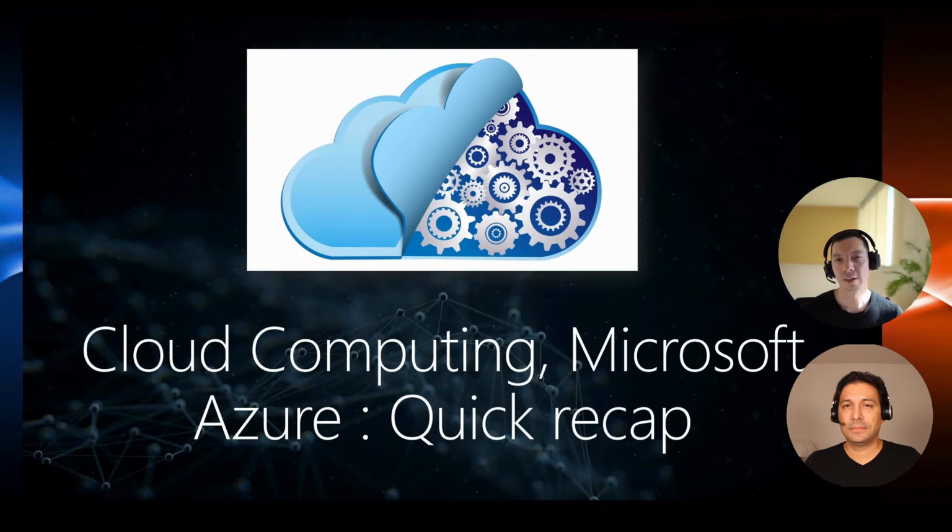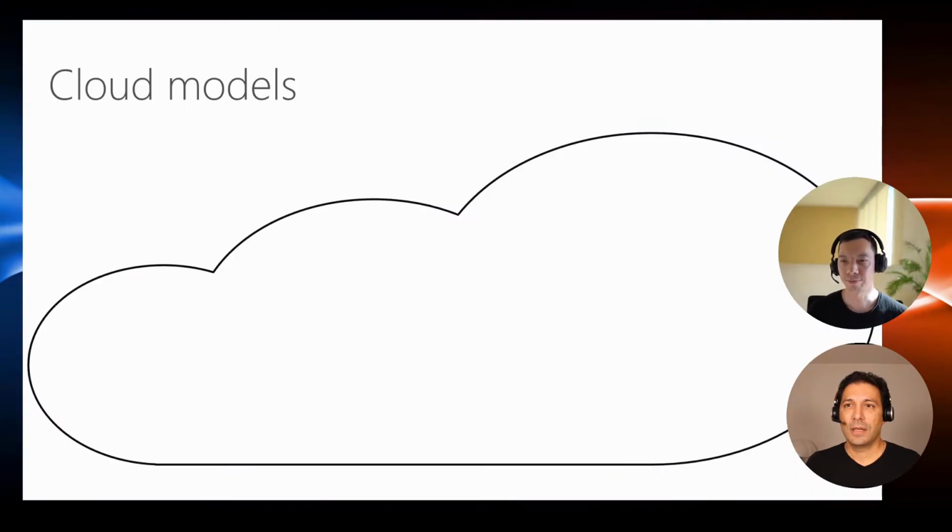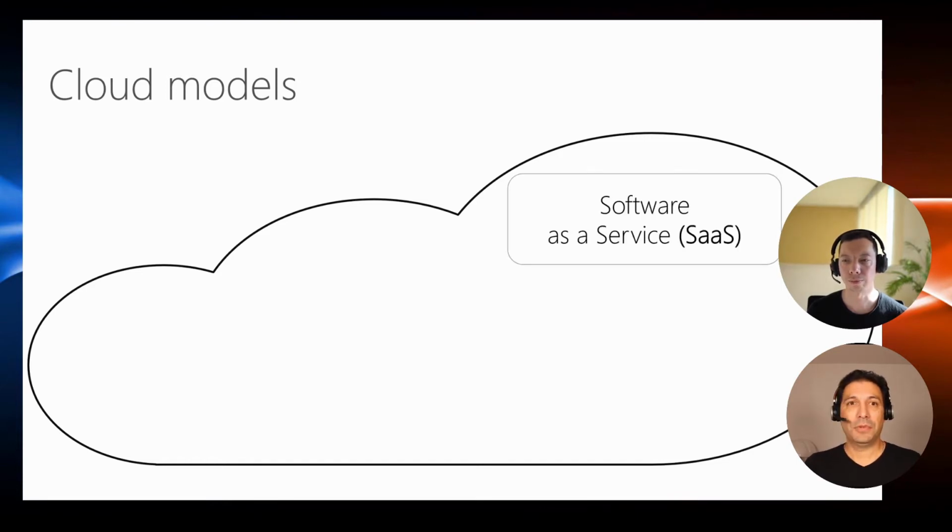So back to basics first. Let's have a look with you, Stan, on the basics of cloud computing. Yes, first of all, it's important to be very clear in your mind about the cloud models we have. The most well-known cloud model is software as a service, the SaaS, and SaaS is just software that somebody else is managing and operating instead of you.